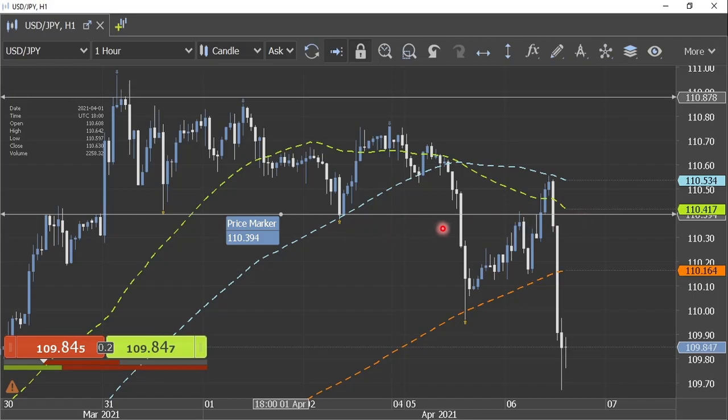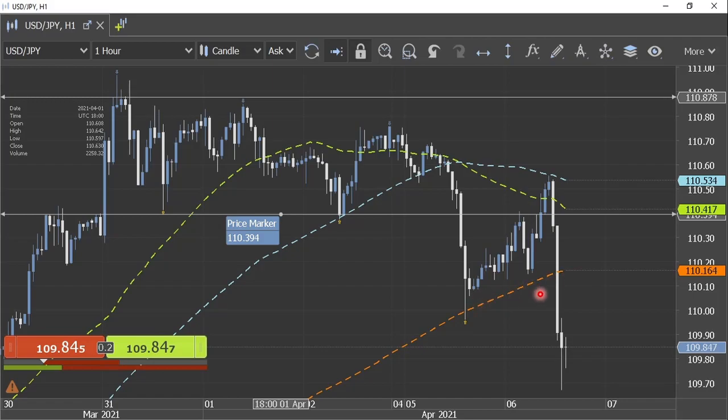Even in today's session, we had a slight uptick in the earlier hours, but later on, as the US session got near, we had this steep decline starting closer to 110.5, and now as yesterday's lows have also been broken, and now that USD JPY is below the 110 level, I think in the near term this 200 SMA zone, which is also closer to the prior swing lows, is going to be a key marker.